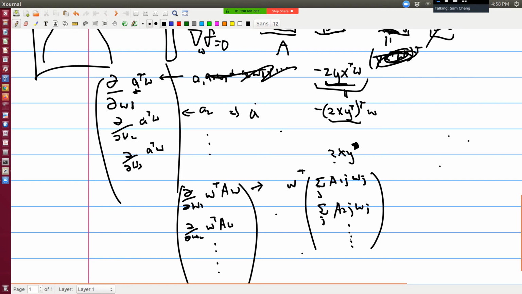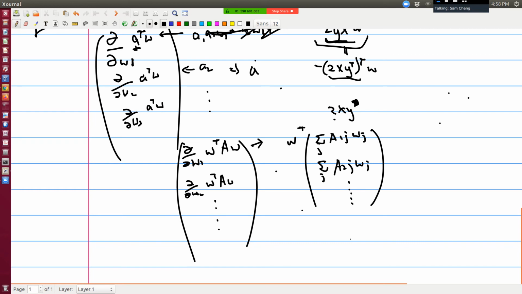I'm probably not doing the most careful thing, but when I compute this, let's just do this first and look at what it is. This would be a vector, and this would be a matrix A, with rows A1, A2, A3, and so on.